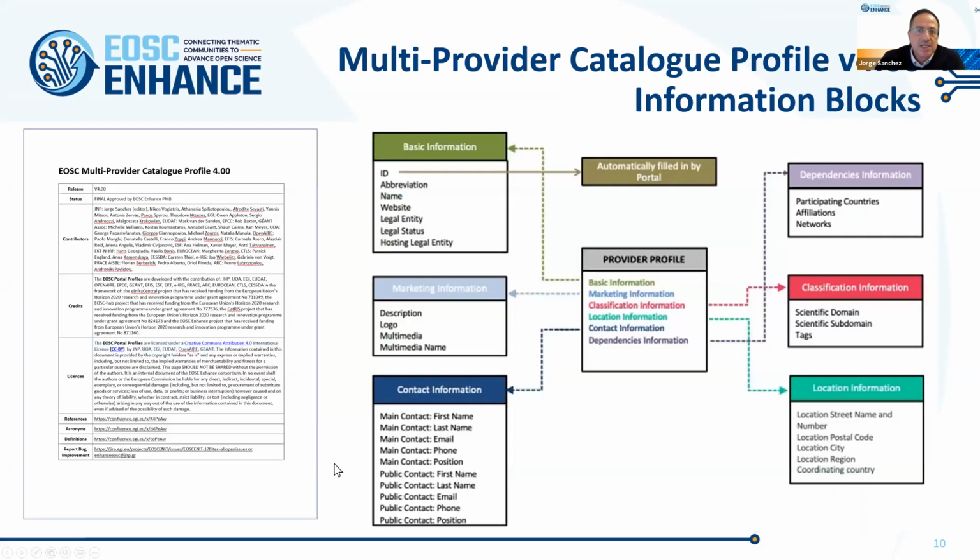The multi-provider catalog profile is very similar to the single provider profile, but of course is generally speaking a simplified one, since in most of the cases those catalogs are not actual providers, but mostly aggregators, concentration points of other providers and resources.